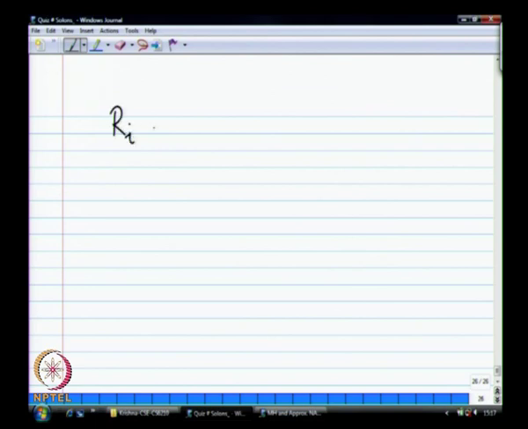So Ri, which is the response time at server i when there are n jobs in the system, is given as follows.